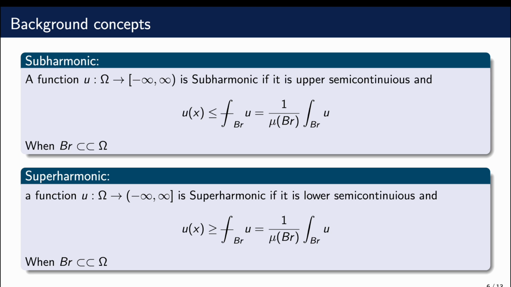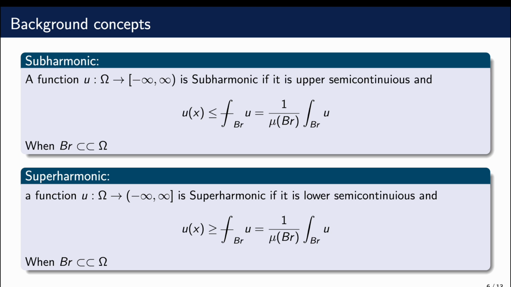So, a little bit of background before diving into it. Looking at subharmonic and superharmonic functions. A function, as you can see here, is subharmonic if it's upper semi-continuous, and it is bounded by this integral, which is the integral over some compact subset of the domain that's normalized by the size of that domain.